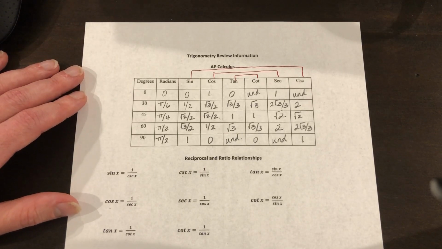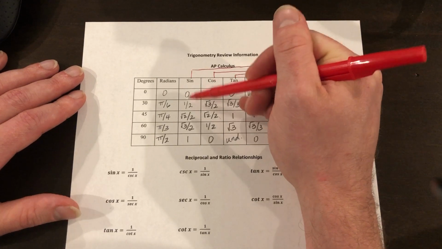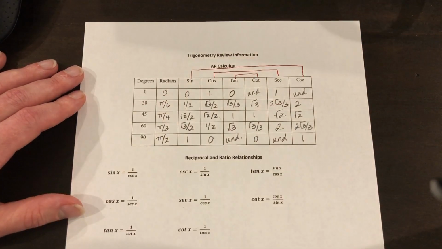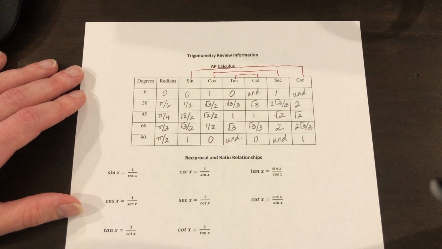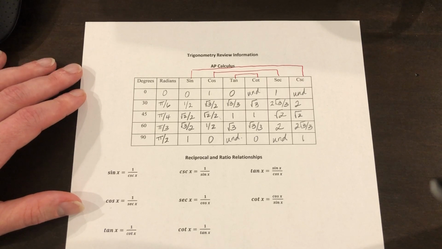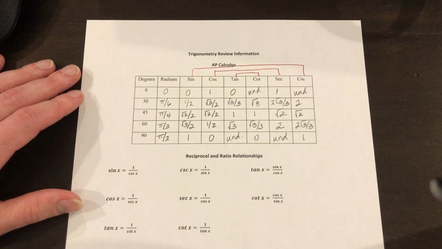So really and truly, all you have to memorize is the pattern for sine, square root of 0 over 2, square root of 1 over 2, square root of 2 over 2, square root of 3 over 2, and square root of 4 over 2. And pretty much memorize sine, tangent, and secant, and you're good to go because the other columns, you're just reversing the order. Okay? So that's been building your trig chart.